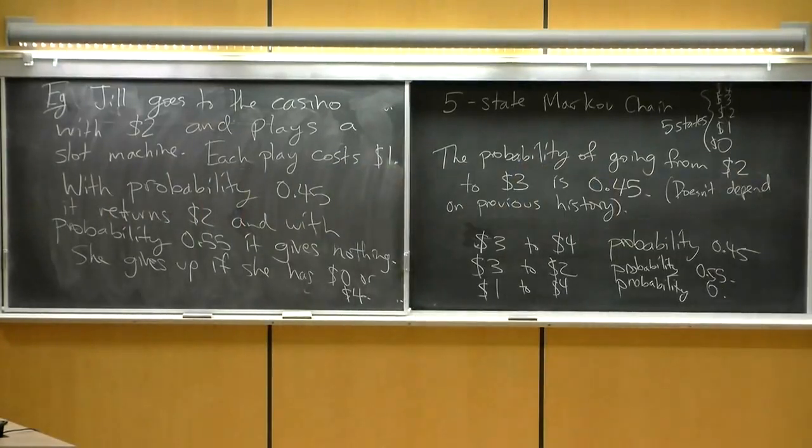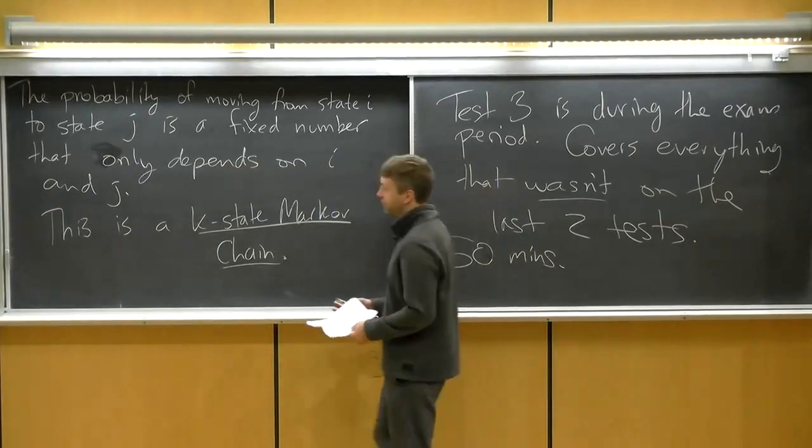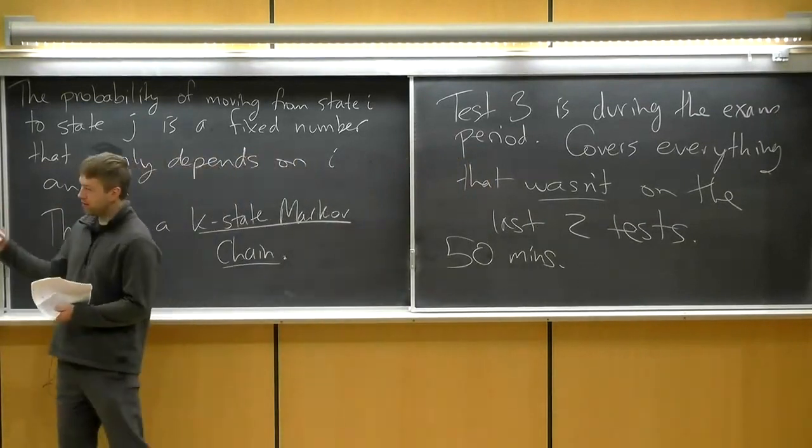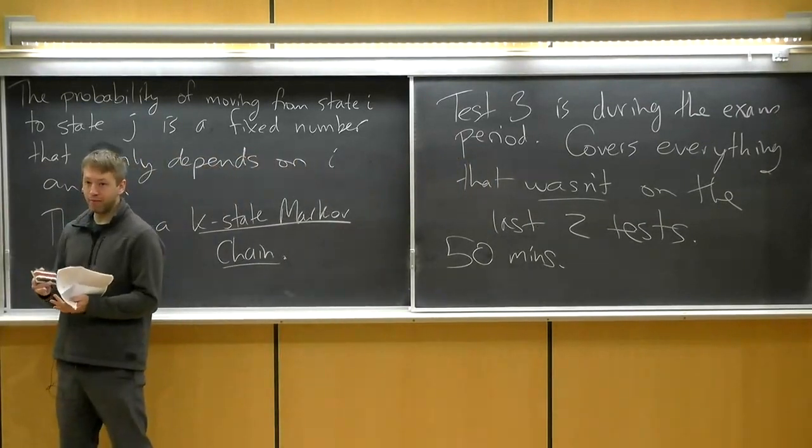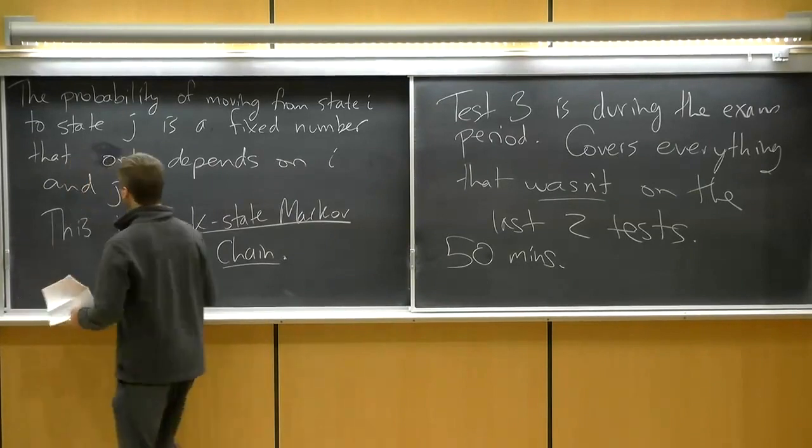Okay, so basically when you have a Markov chain, you can represent it with two matrices.